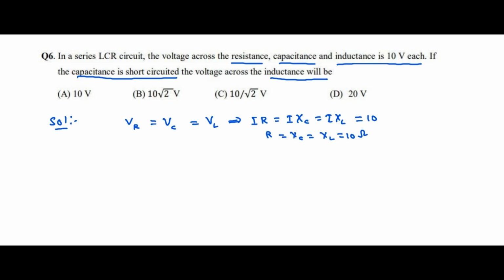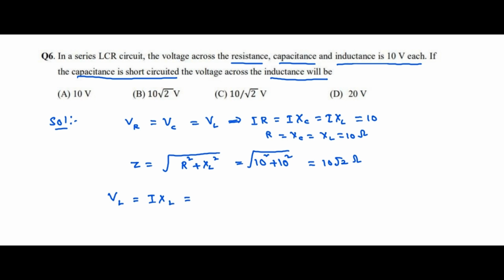Now whenever the capacitor is short circuited, we can ignore the capacitor, then Z value will be square root of R square plus XL square, that is square root of 10 square plus 10 square, that is 10 root 2 ohm. Now the voltage across the inductance whenever capacitance is short circuited is equal to current into XL.